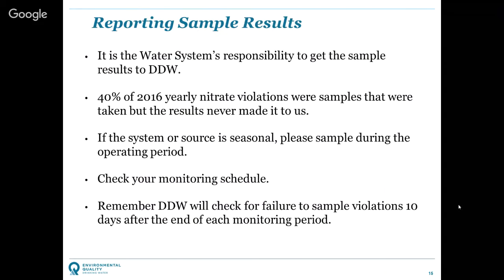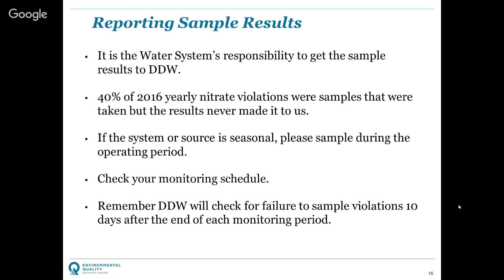So just make sure you know that it's the water system's responsibility to get us the results. We don't send violation letters to laboratories. We don't regulate the labs. So if you have an agreement with your laboratory that they're going to send us the data, make sure that you double check that.